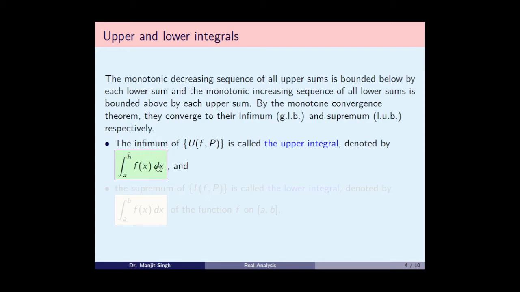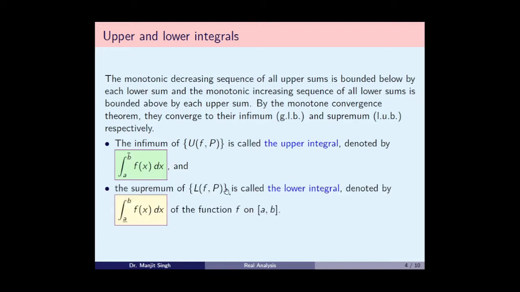Here we see that this is an integral, and we make it different by taking a bar on it. In the same way, the supremum of lower sums is called the lower integral, and it is denoted in this way, with a bar here also. So this is the upper integral and this is the lower integral.